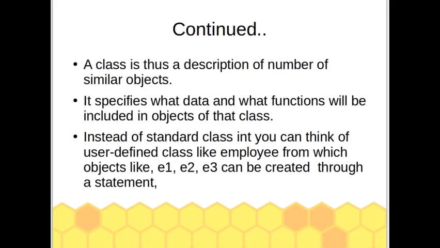Instead of a standard class, you can think of a user defined class. It comes as a default class as well as a user defined class, but people get focused on the important one, user defined classes. Employee is a class name, but each employee represents an object of the class.